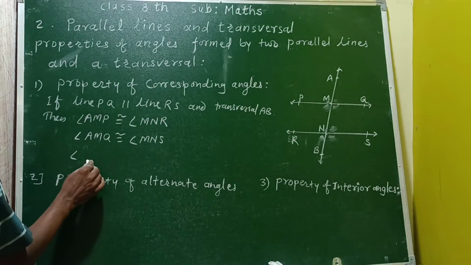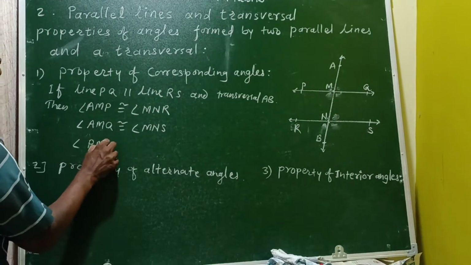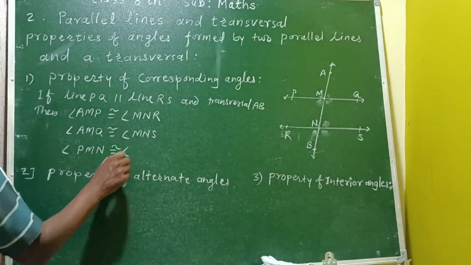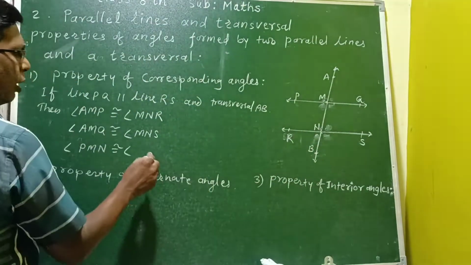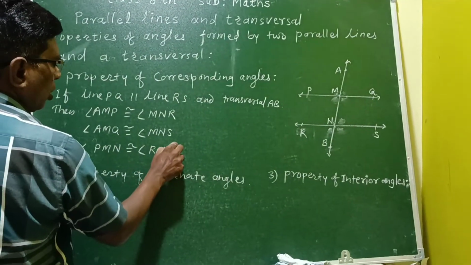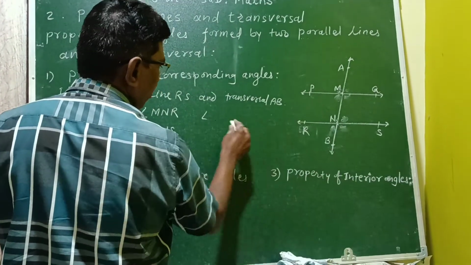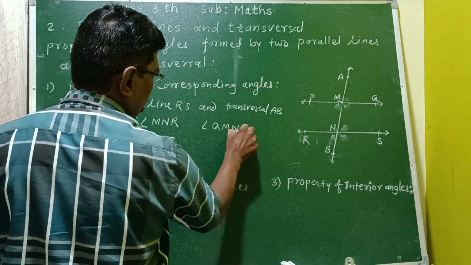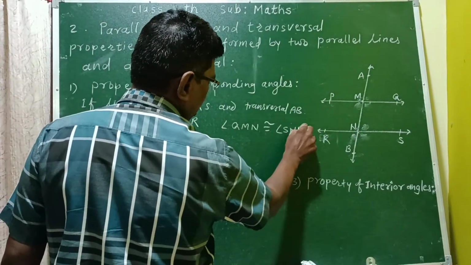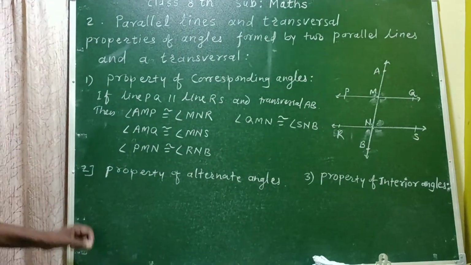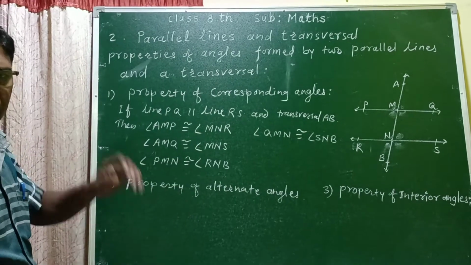Third, angle PMN is congruent to angle RNB. And last, angle QMN is congruent to angle SNB. This means if lines are parallel, then each pair of corresponding angles is congruent.